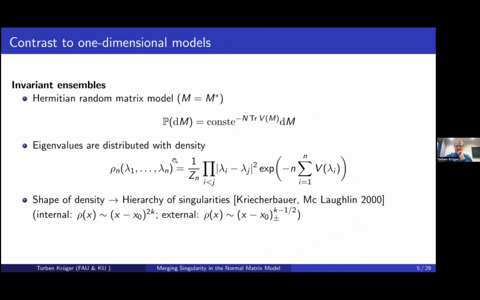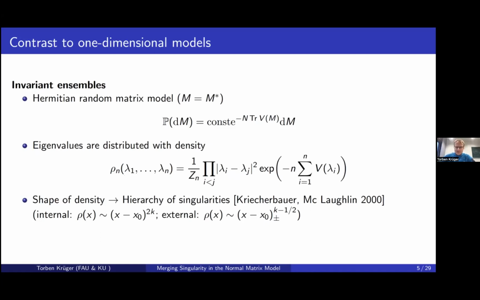That will lead to this Gibbs measure for the positions lambda_r of the eigenvalues. So a particle system at the same inverse temperature. The only difference is that now they're confined to the real line because they are eigenvalues of Hermitian random matrices.